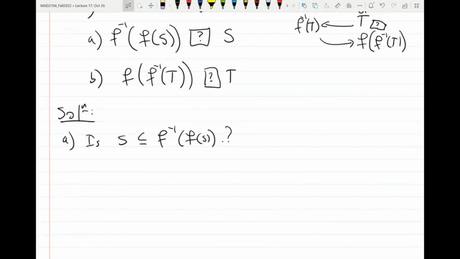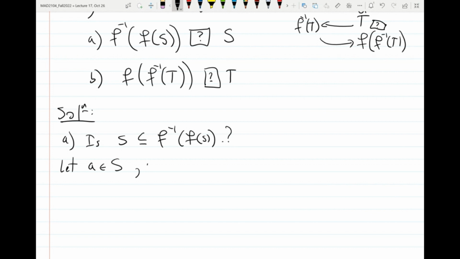Okay, so to answer this question, let's start with an element in S. Let's call it a, right? Because S is a subset of A, so let's call it little a. And let's see whether we can argue that this a is also in here, okay? Now, what does it mean to be here? It means that if I do F, to be an element here means that when I do F of that element, I have to be here, okay?